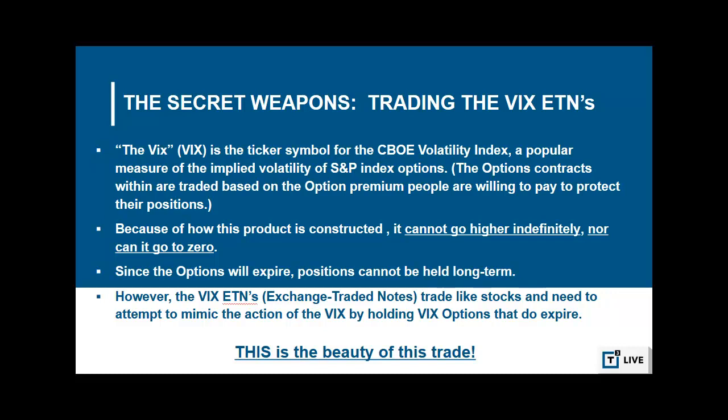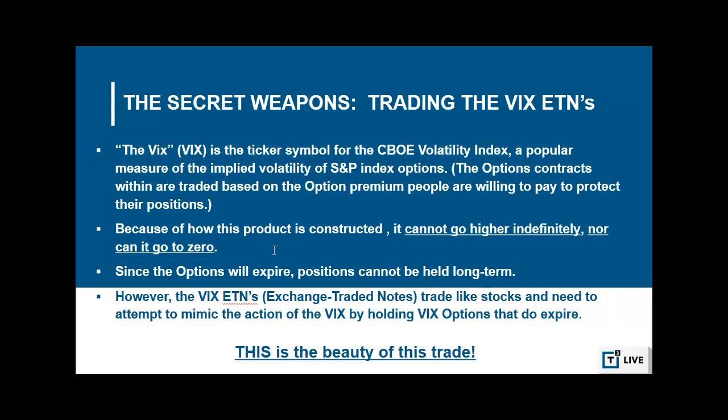Now, because of how this is constructed, the volatility will expand and contract. It can't go higher indefinitely, nor can it go to zero. And since the options will expire, positions cannot be held long term, unlike a stock, where you can hold as long as you like.